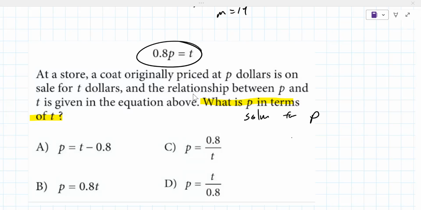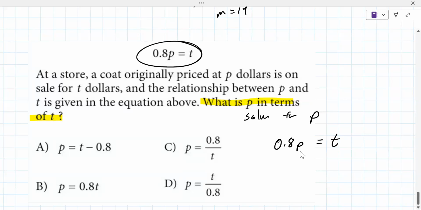So what do you think here? What is the 0.8 doing to the P?